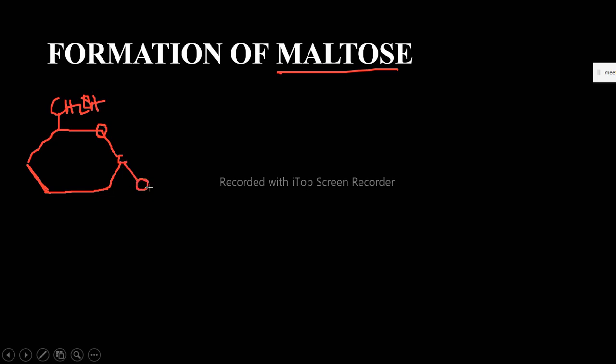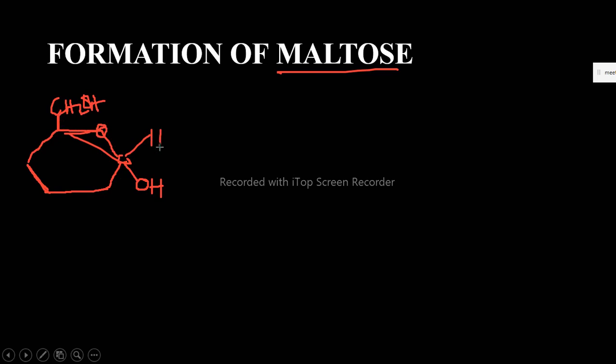Teacher, why are you drawing it six-sided? Because that is the structure of glucose. It has six carbon atoms. But one of them is obviously oxygen. Then the other one, the sixth, is like a branch on the overall ring.